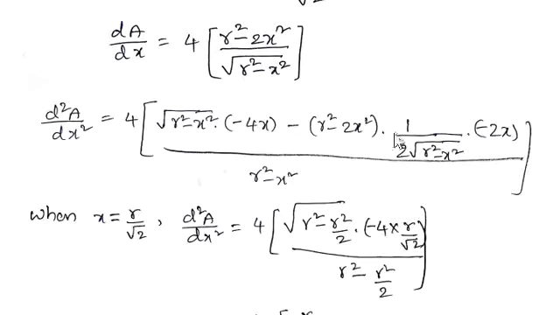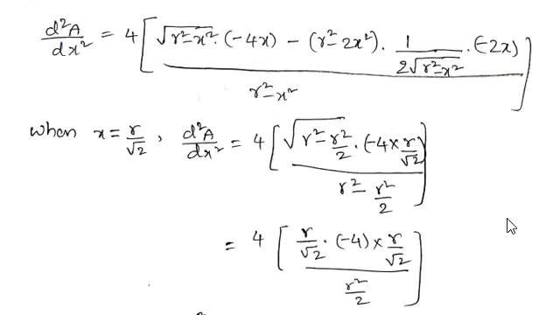For the second term, r square minus 2 into r by root 2 whole square is r square by 2. So the 2 cancels, and r square minus r square will be 0, so the total second term will be 0. So we are not writing it here. When you simplify this term, it is r square minus r square by 2, which is r square by 2, but it is under root.